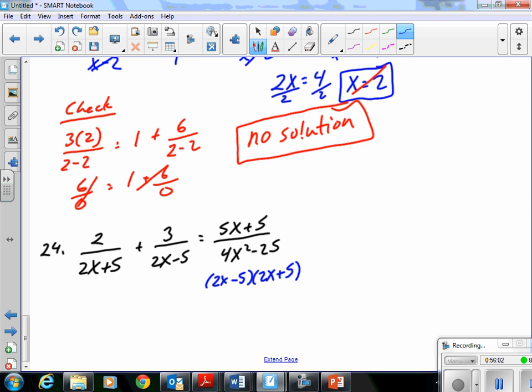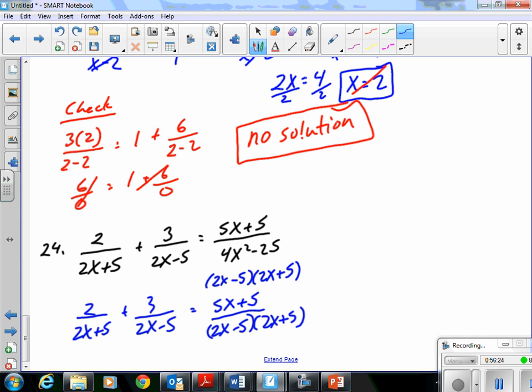So I'm going to rewrite this. 2 over 2x plus 5 plus 3 over 2x minus 5 is going to equal 5x plus 5 over 2x minus 5, 2x plus 5. So now we should be able to recognize 2x minus 5, 2x plus 5 would be our common denominator.